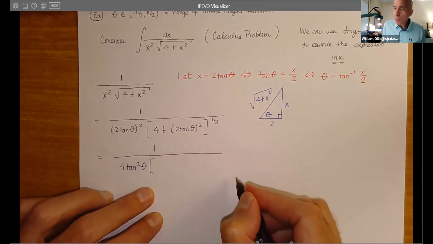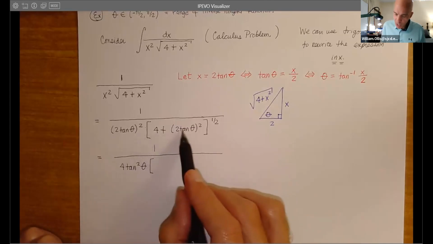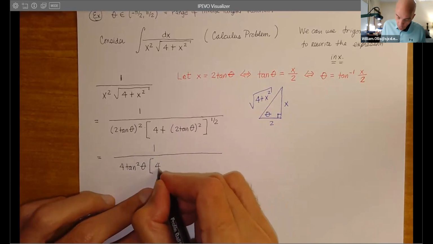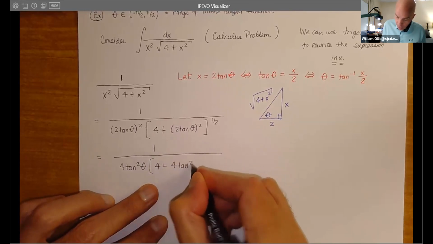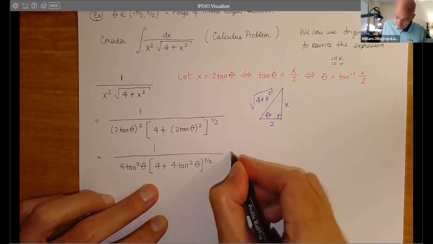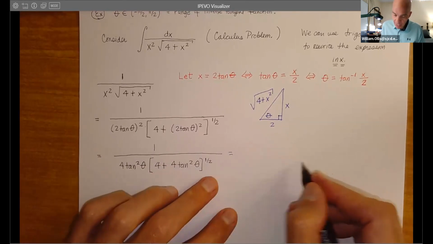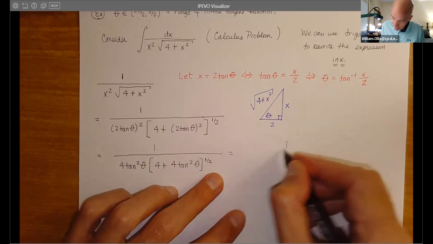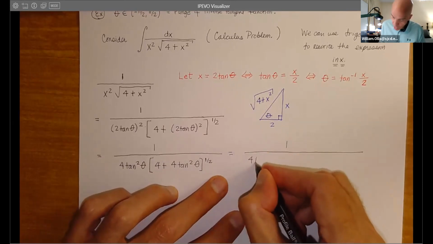And now in the radical, this is what we need to do. Let's go ahead and expand this. So we get 4 plus 4 tangent squared theta to the 1/2. And now we can factor the 4 and then take the square root of that. So we have 4 tangent squared.